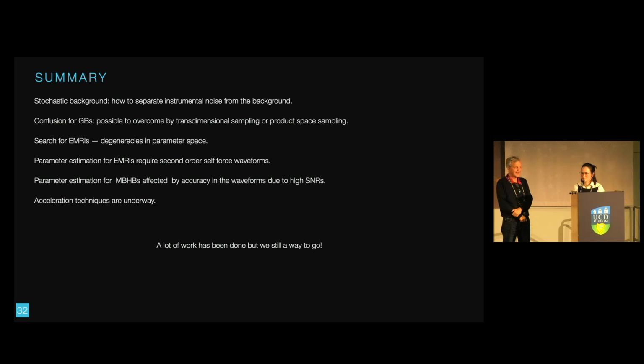Sorry, I just wanted to make a quick comment on that. Yes, if you can find systems in which you have these environmental or modified GR effects which tend to circularize the orbit, that could make that a smoking gun for the presence of these systems. But at the same time, all of these models are phenomenological and based on something that we have taken from planetary migration in protoplanetary disks and so on. These are very simplistic models, and as soon as you add a little bit of eccentricity in the system, these models tend to break.